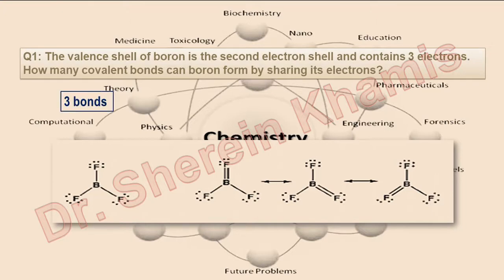So how many covalent bonds can boron form by sharing its electrons? It forms 3 bonds. This is the first question. I give you this drawing to illustrate how we can draw the Lewis dot diagram or Lewis dot structure. Okay, let's go to question number 2.